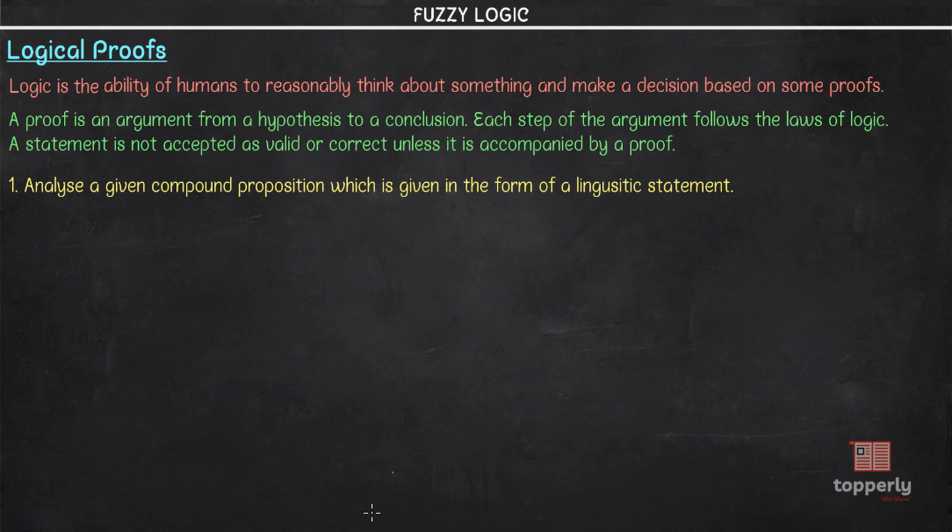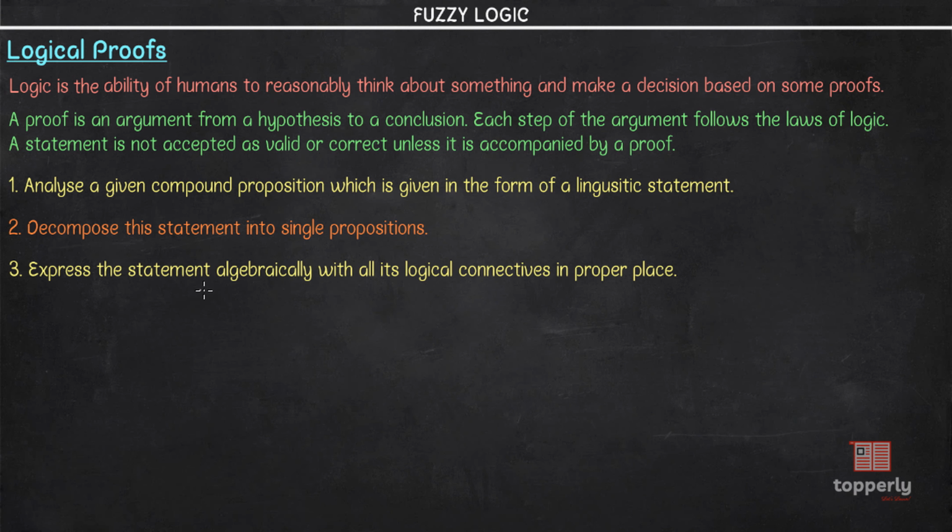The second step is to decompose this particular statement into single propositions. Then we have to express the statement algebraically with all its logical connectives in proper place. And finally, we have to verify the truth value of the statement with a truth table. I understand that these steps might be a little confusing for you to grasp quickly. So let's take an example to see how logical proofs work.